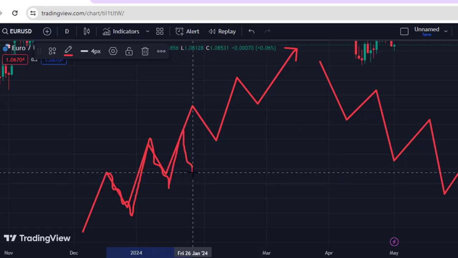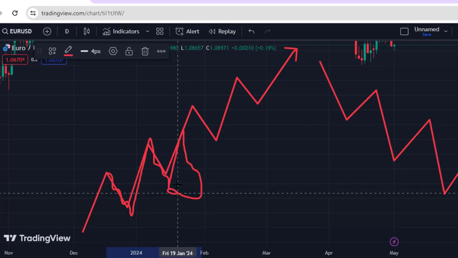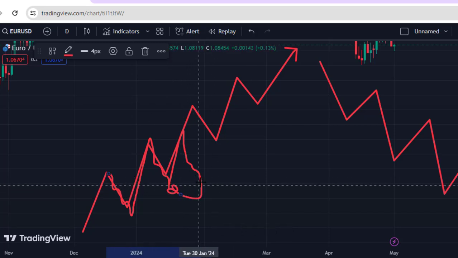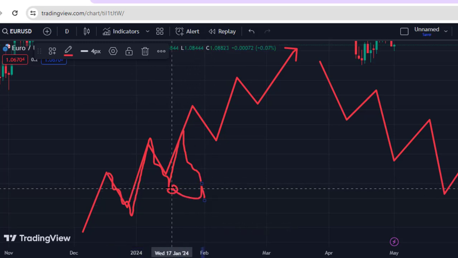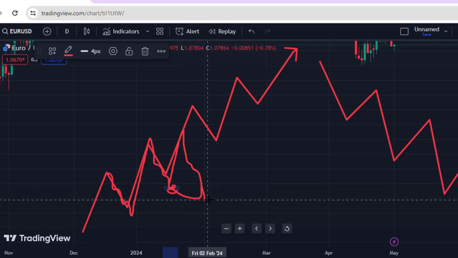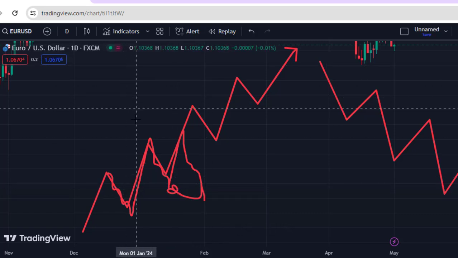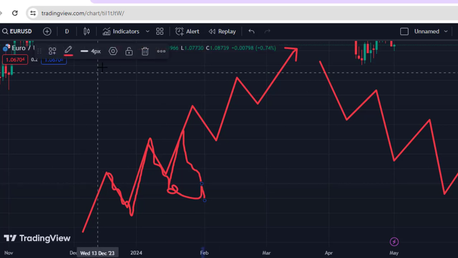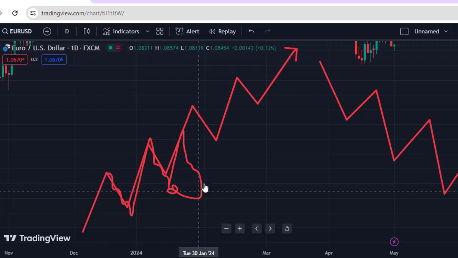Sometimes market can go below this very level right here, and then create this very new low, lower than the previous low at this very point, for market to begin to move upward. This is very, very significant on the chart. We see this most of the time on the chart.